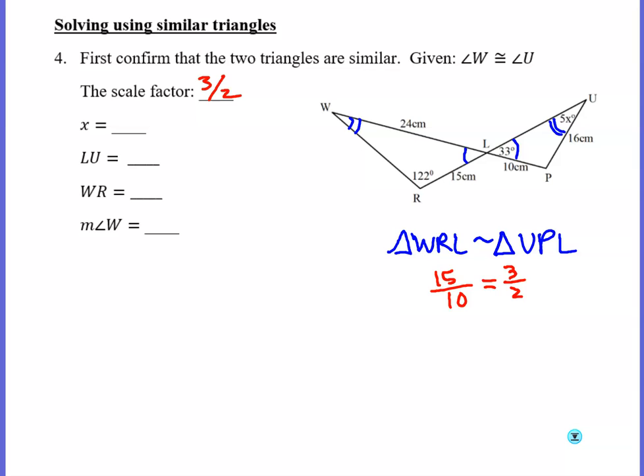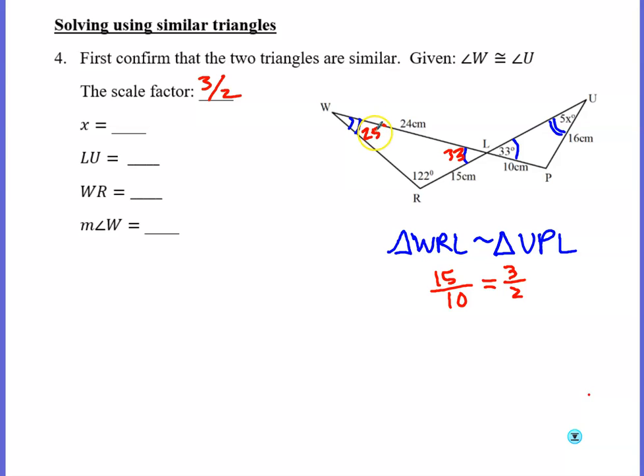Okay, so now we need to solve for some stuff. First of all, if I want to start with x, x is actually an angle. And so remember, the angles that correspond are equal. So like I already know this one's 33 because I know they're vertical. So I could add these two guys together and find out what w is because that should all add up to 180. And so I end up with this, and 25 is the missing angle.